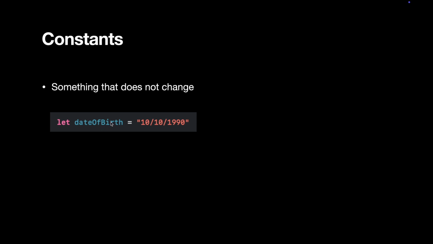Say, let date of birth equal to 10th October 1990. This is a constant. By writing this much code, you have told the compiler that this date of birth is this, and it is not going to change.